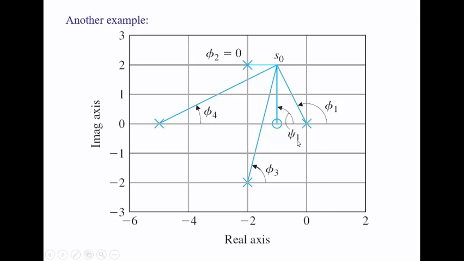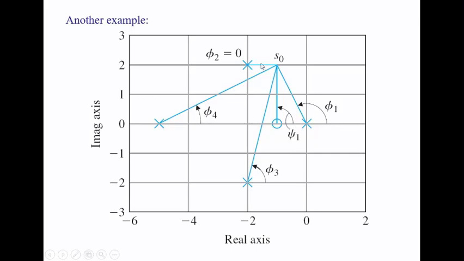This is psi 1. Psi 1 is the angle made by the vector that we plot from the zero to the test point. Similarly, for this pole, if we plot a vector joining the test point and the pole, we will have a certain angle that it makes with the x-axis, or the real axis. That angle is given the name phi 1.